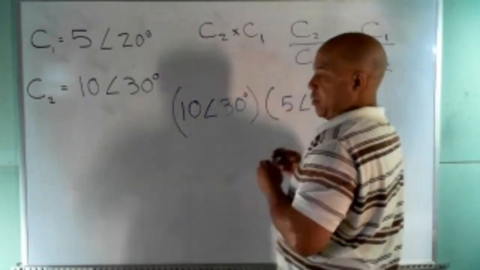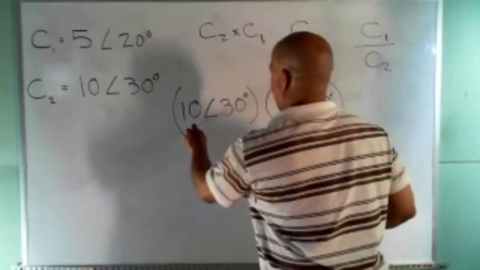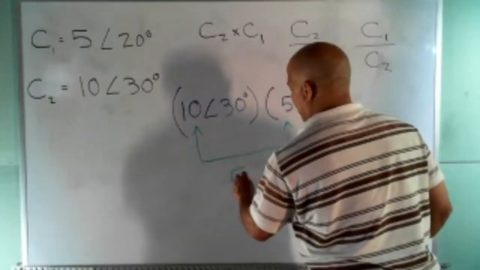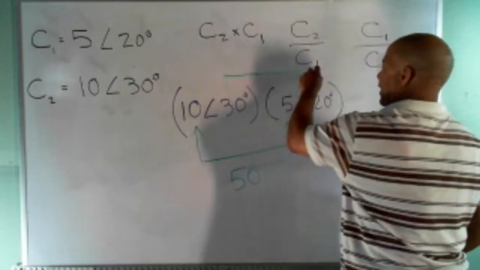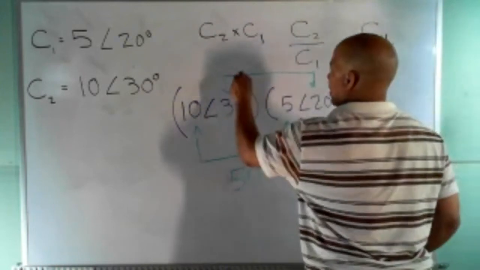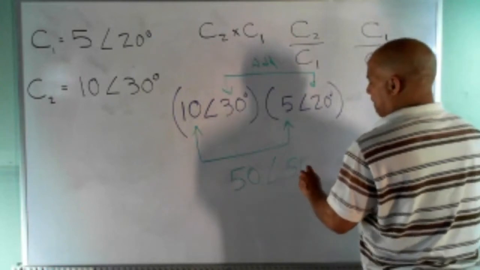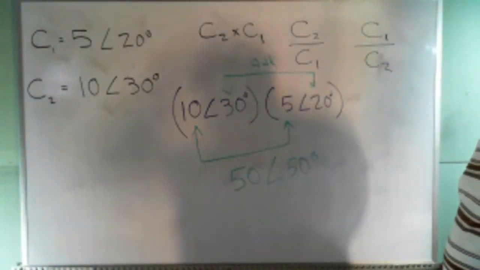You multiply the magnitudes, I get 50, and you add the angles. I get 50 angle 50. So that's really easy if you have it in polar form.